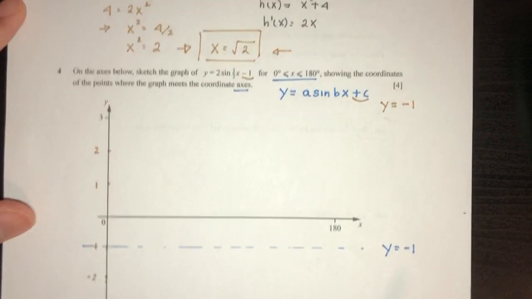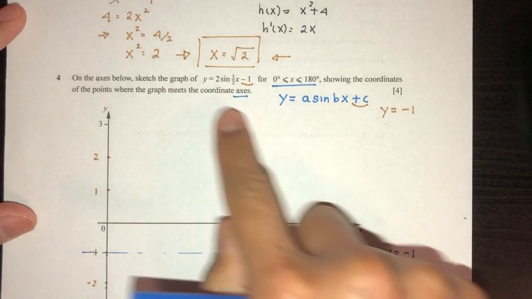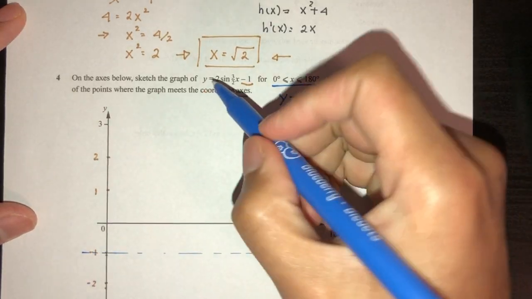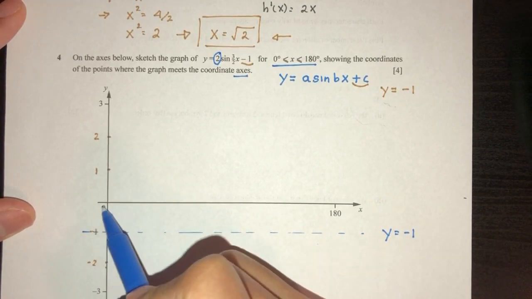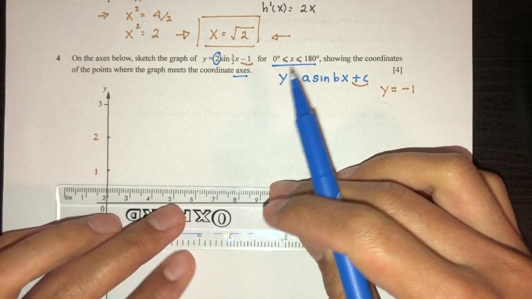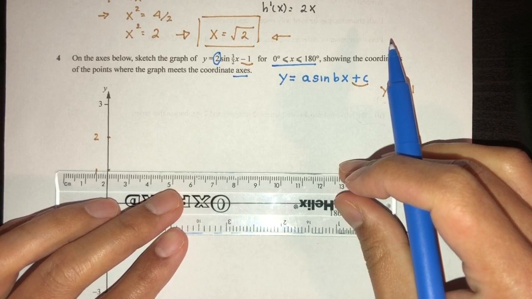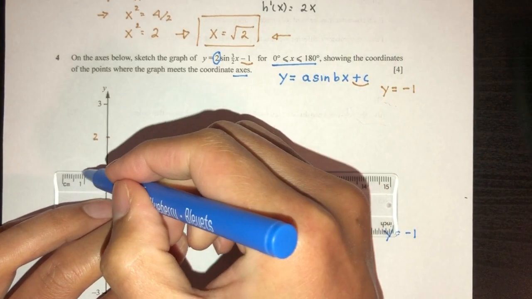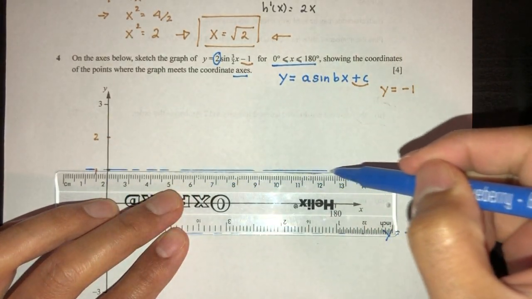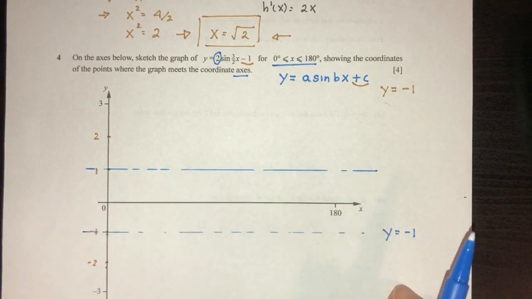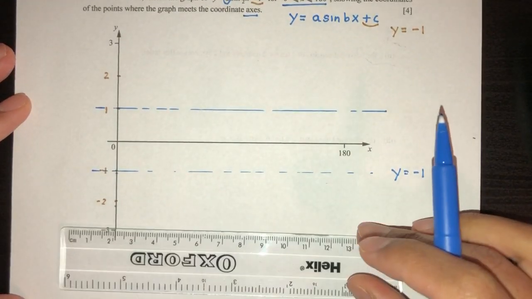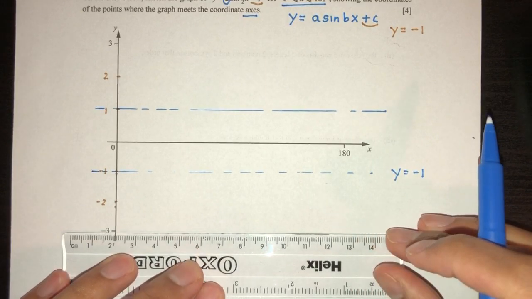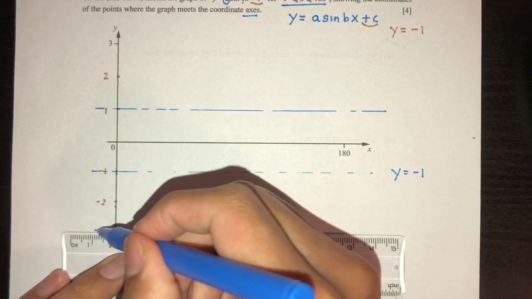Now you have to look at the amplitude. Amplitude here is 2, as you can see. So we count 1, 2, so that will be the other line. And we have to count also below, 1, 2, that will be this line.